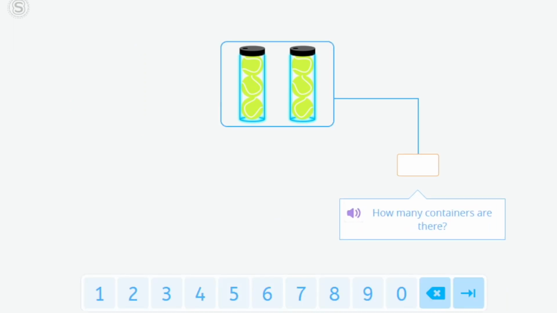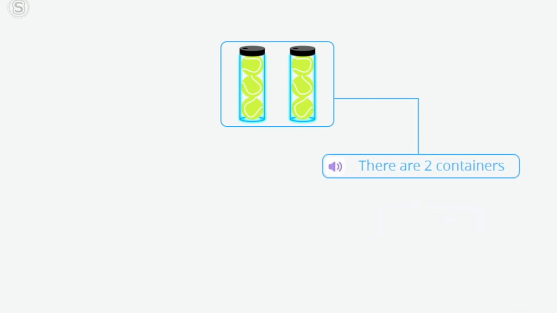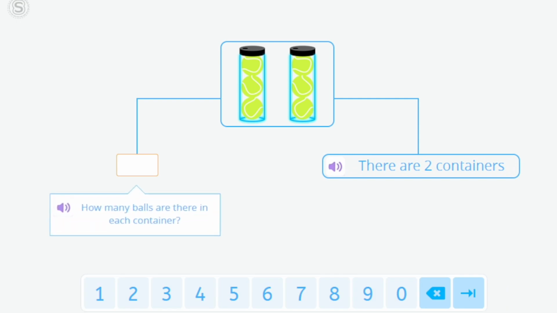Now let's take a look at how many balls they brought. How many containers are there? There are 2 containers. How many balls are there in each container?